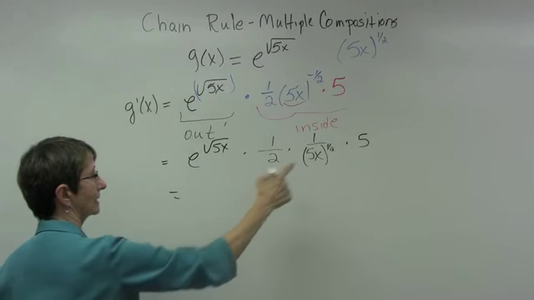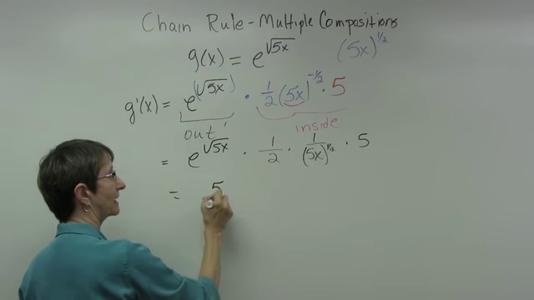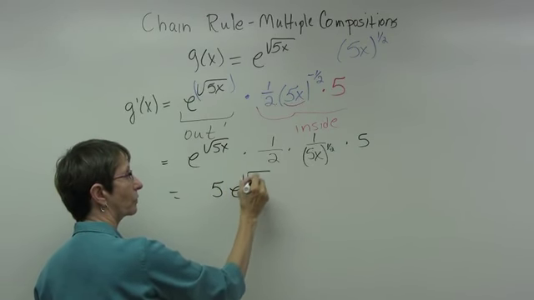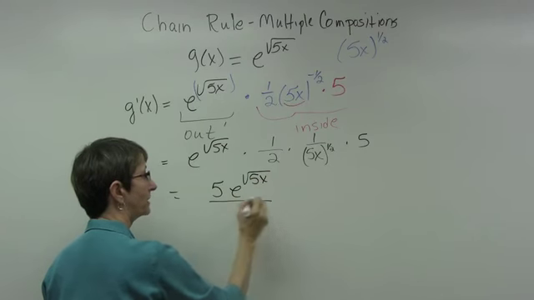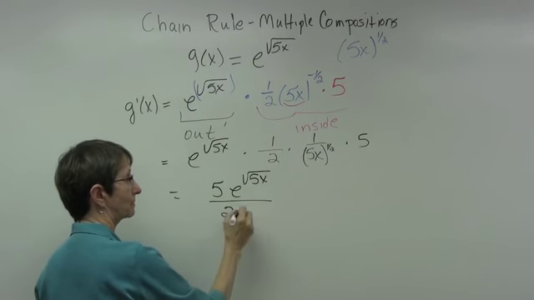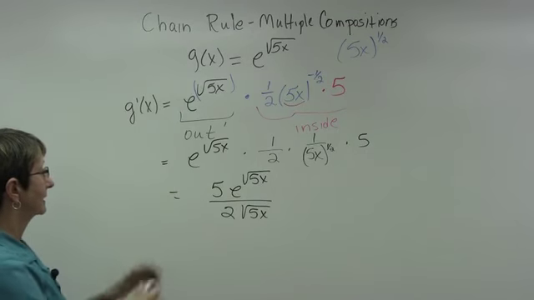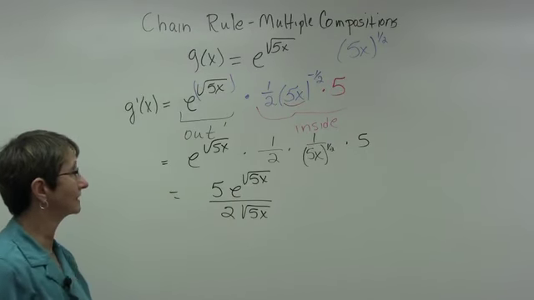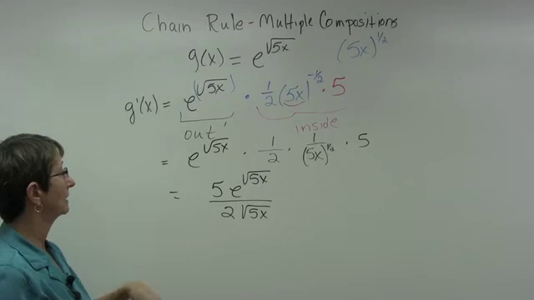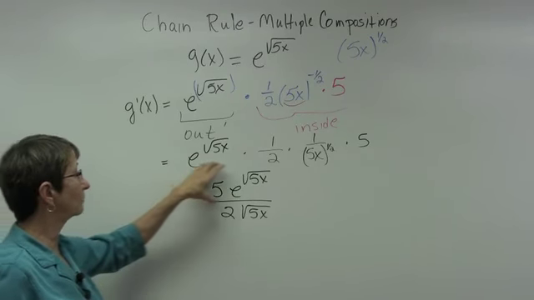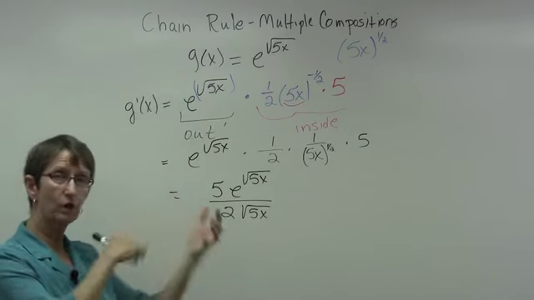So I would say move the 5 in front, and I'll have 5e to the square root of 5x over 2 times the square root of 5x. And this condenses fairly nicely to give us an answer that may not be much simpler, but it really is smaller, maybe.